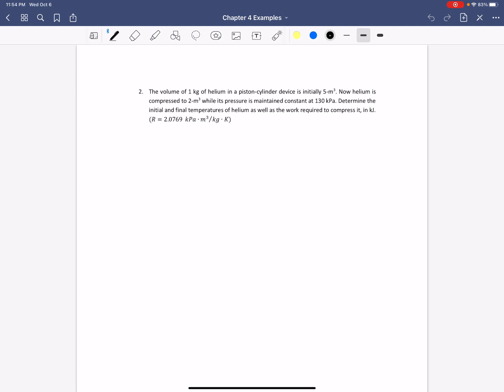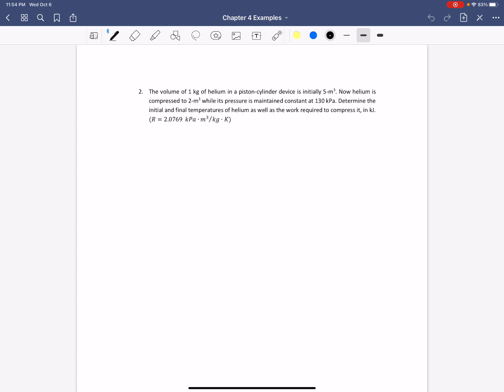Basically, we are away from the critical point. We are working at lower pressures. And this can help us to assume the helium as an ideal gas. So that means that we can use the ideal gas equation of state to be able to figure out the properties of helium.